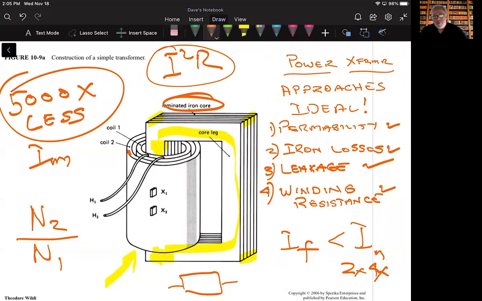So we could take a step-up transformer and reverse it, connecting the voltage to the other side, and make it a step down, and vice versa. So the transformer is reversible, and that concludes this general qualitative look at the actual construction of a power transformer.